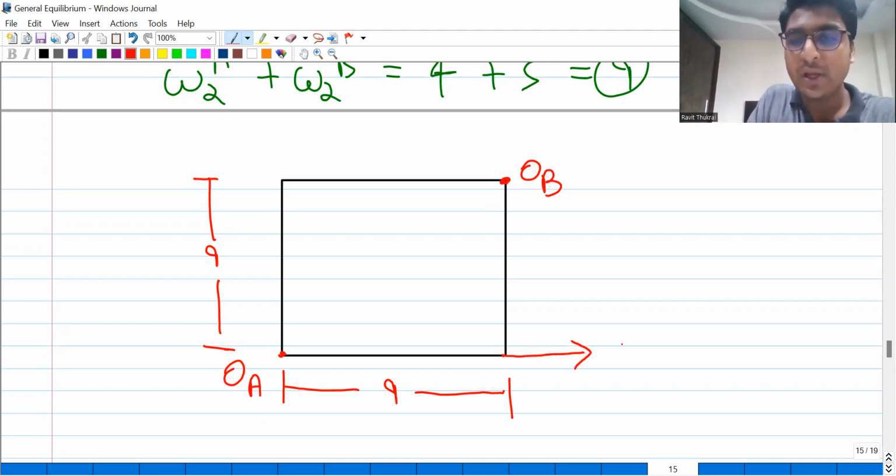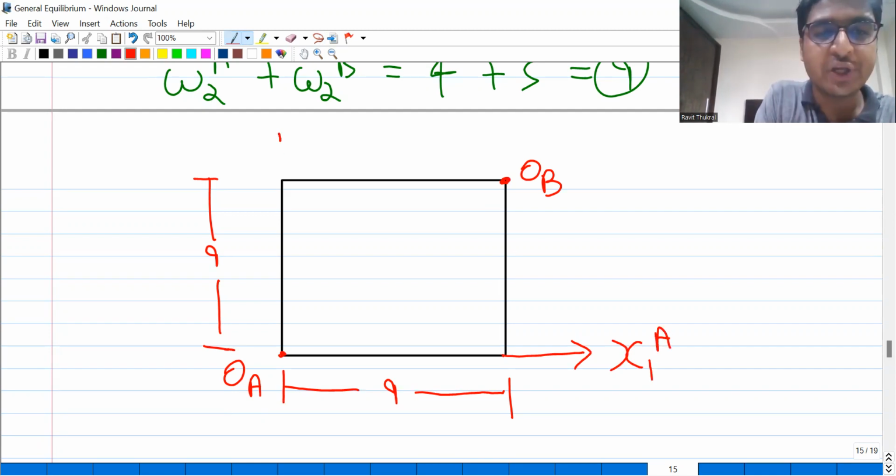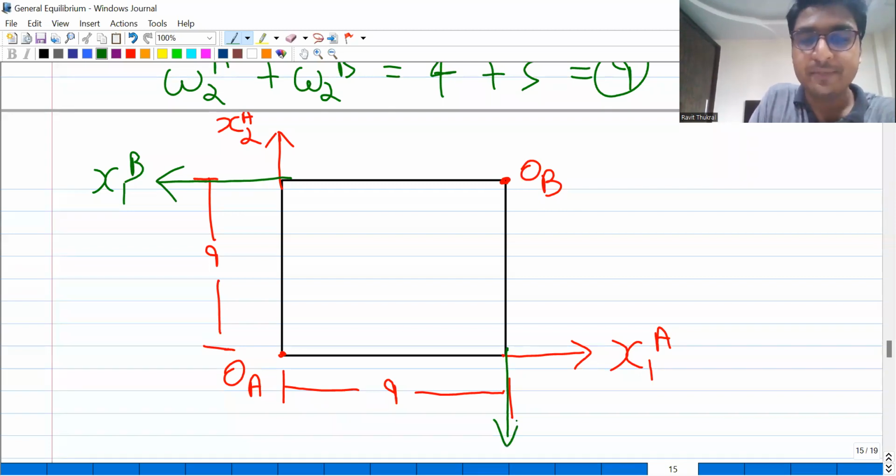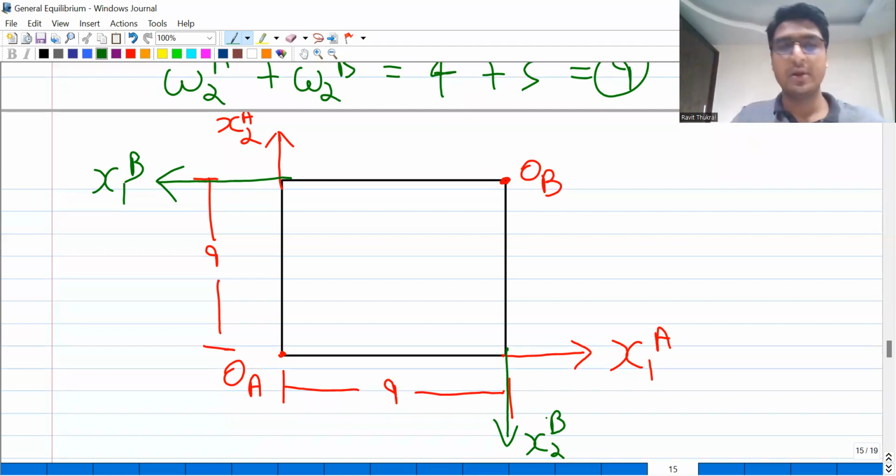In the rightward direction good 1 is increasing for individual A. In the upward direction good 2 is increasing for individual A. Similarly, in the leftward direction good 1 is increasing for individual B, and in the downward direction good 2 is increasing for individual B. So this is how the Edgeworth box will look for this pure exchange economy.